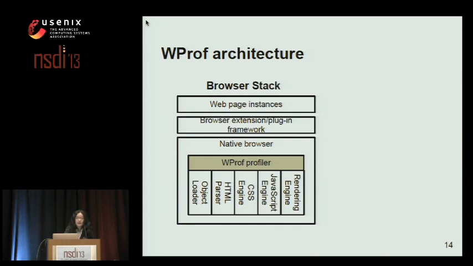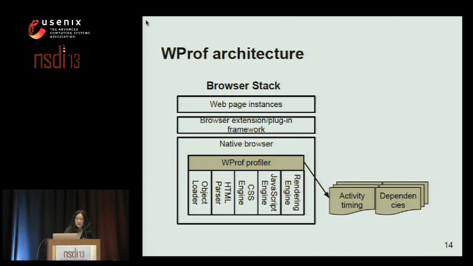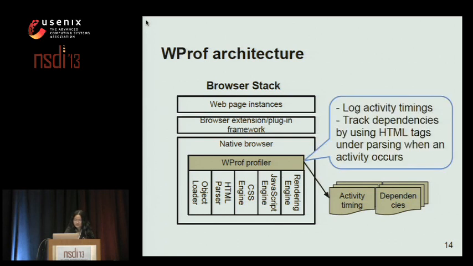Our profiler is just a shim layer inside the native browser, and it does not require any changes to the functionality of the object loader, HTML parser, CSS, and JavaScript engine. We implement the dependencies inside the profiler, and then the profiler can output two kinds of information, which include activity timing and dependencies.